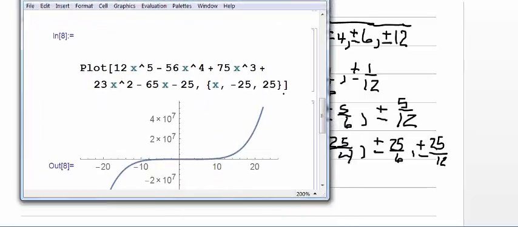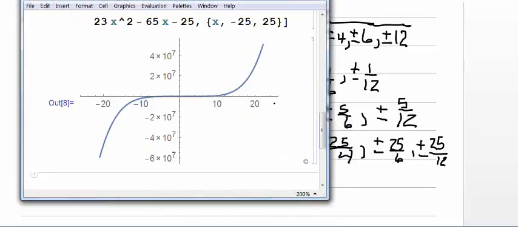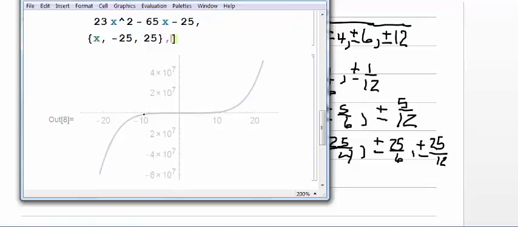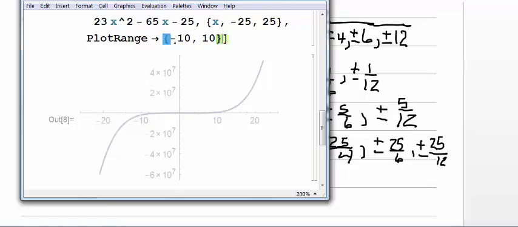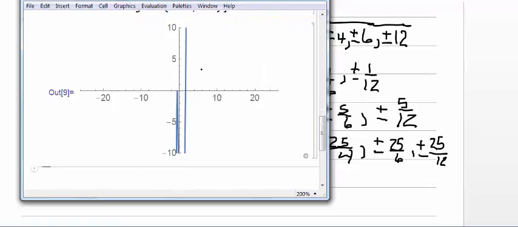And I see that when I graph this, I'm really zoomed out. My y's are going from negative 60 million to positive 40 million. So I'm going to put a range on my y's by giving a range of values for plot range. I'm going to go from negative 10 to 10.